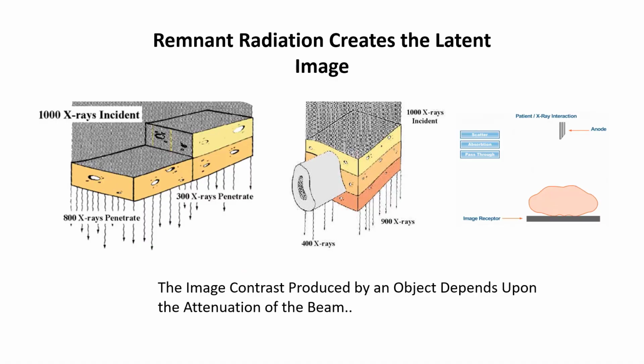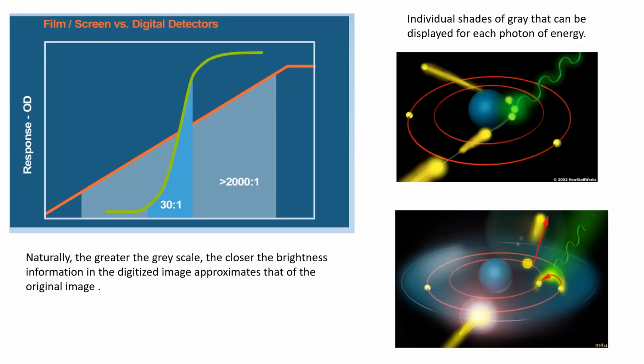The modality operator selects the technical factors utilized in creating the exposure. The technical factor selection differs for analog versus electronic imaging, or film screen versus digital. The radiation still stays the same.